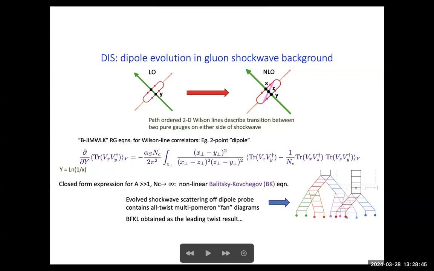So the classical scattering amplitude is that of this quark anti-quark dipole, which scatters off the shockwave moving along the other light cone. The dipole is moving along one light cone, and the quarks and gluons from the other hadron are moving along the other light cone. This is shockwave scattering, where these blobs indicate the points of interaction.